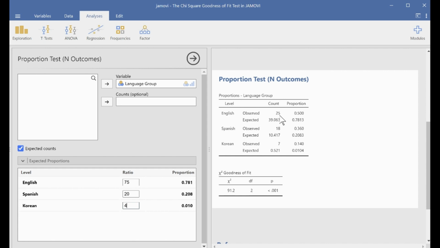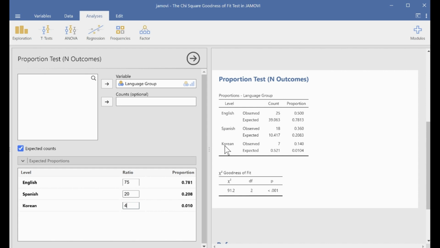How many are actually coming? 25. Based on 20% of the population being Spanish speakers, how many students would I expect to come to the writing center? Well, I would expect 10 students to come. How many are coming? 18 are coming.